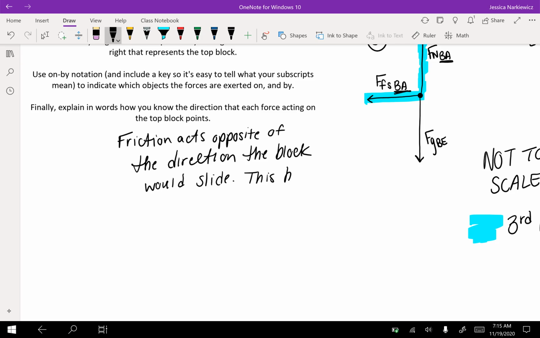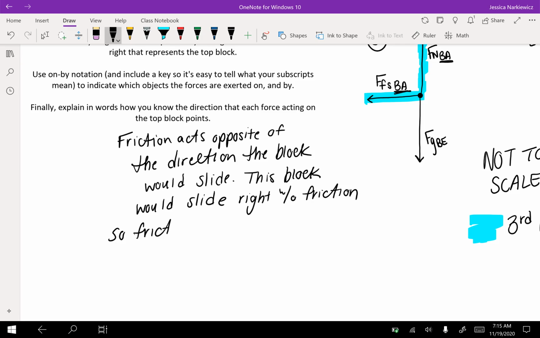This block would slide right without friction. So friction must oppose that and act left.